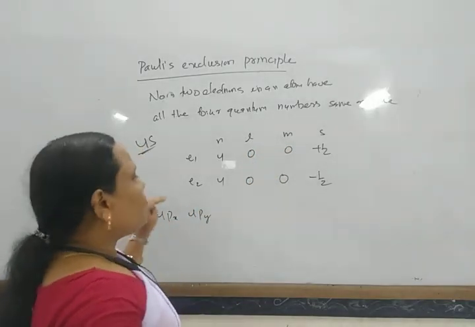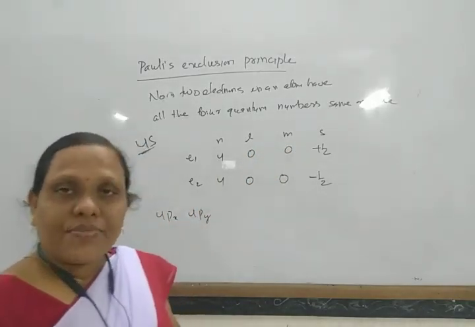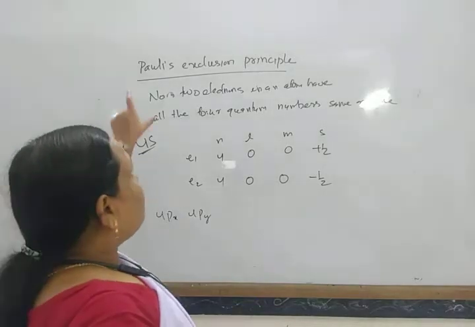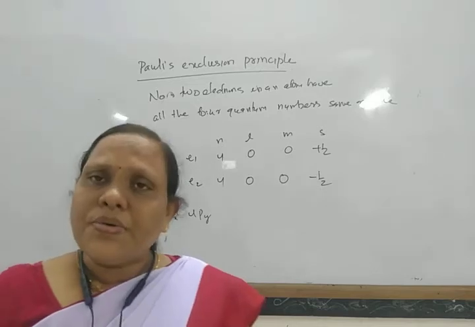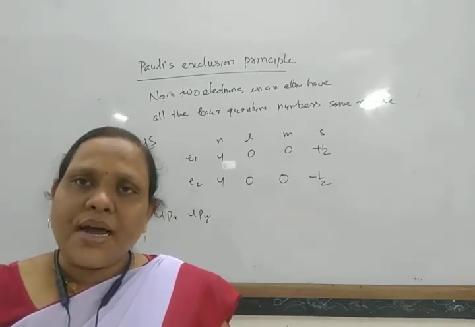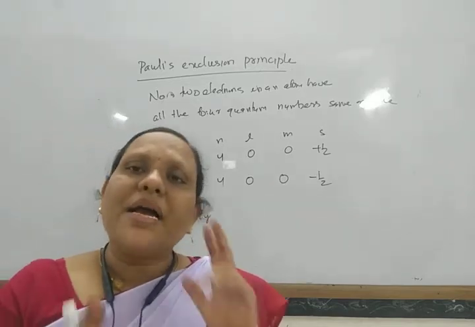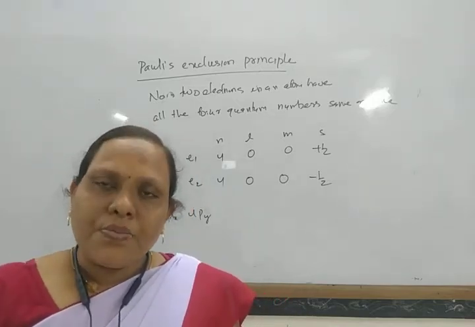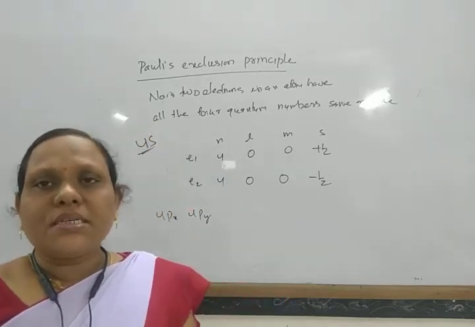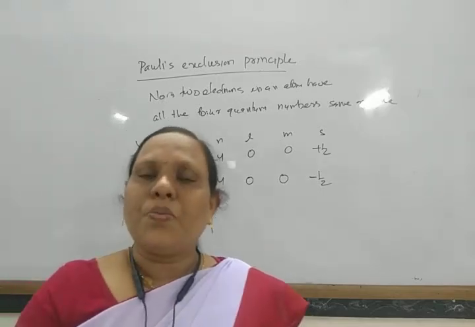This is known as Pauli's Principle, and it concluded that an orbital can accommodate a maximum of two electrons with opposite spin.